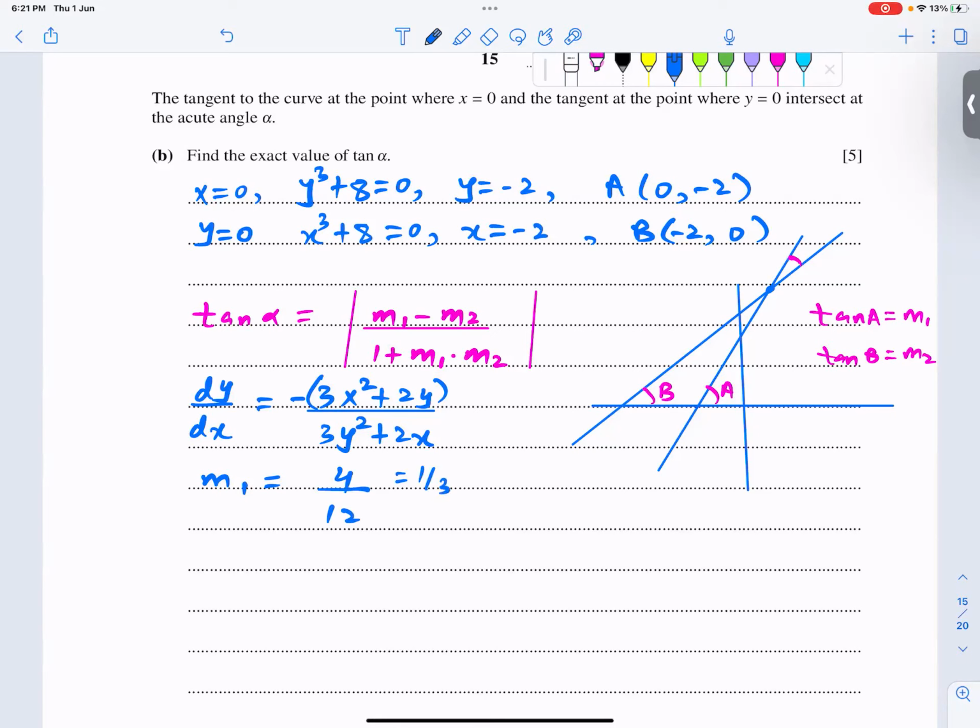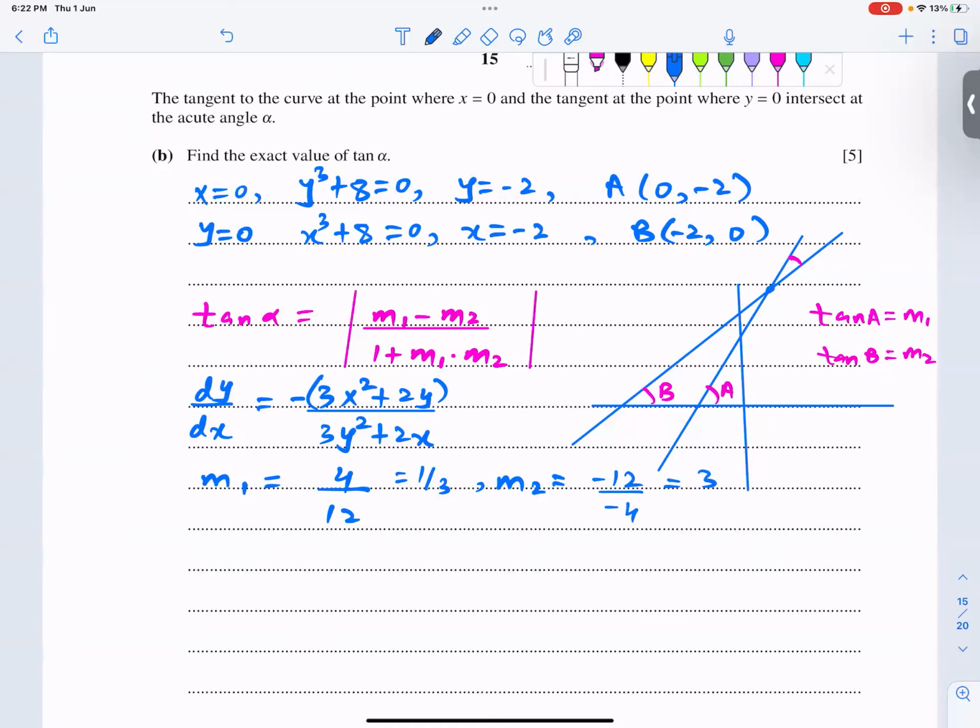Put B also to get the value of m2. You will get −12 divided by −4, putting the point B in dy/dx, and this is just 3.